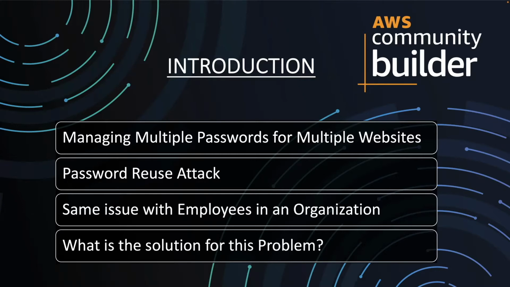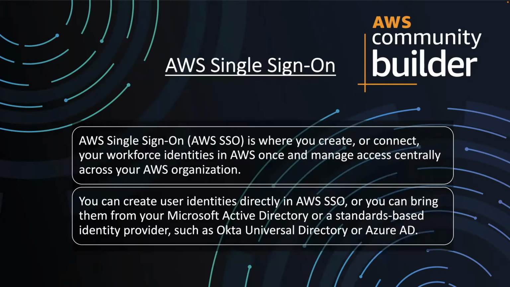So what exactly is the solution to this problem? This is where AWS Single Sign-On comes into the picture, providing a robust foundation for the enterprise to move beyond passwords and protect their businesses. So what exactly is AWS Single Sign-On?